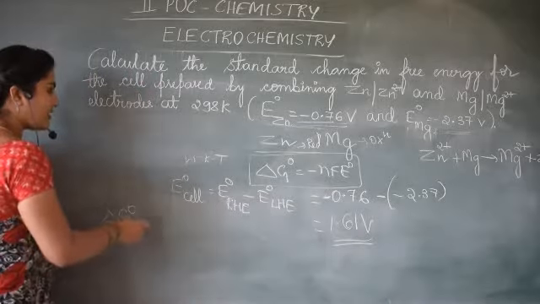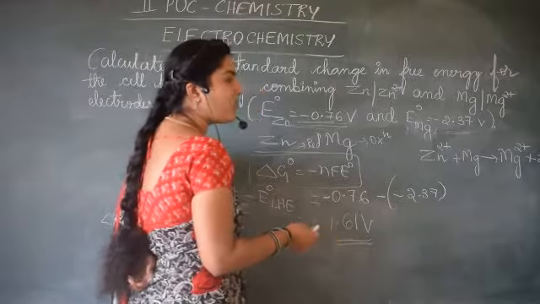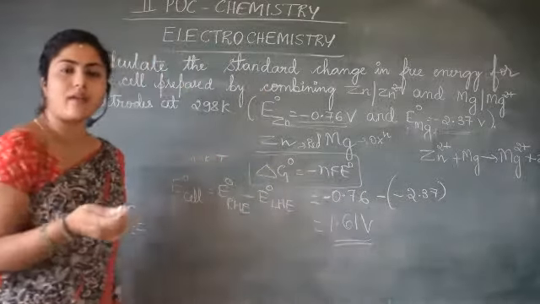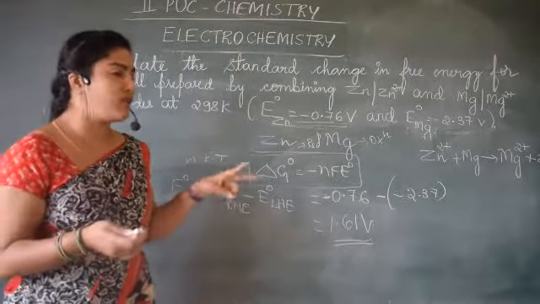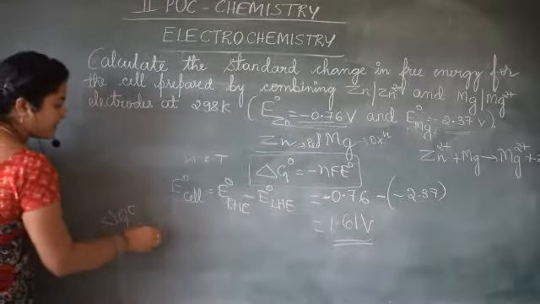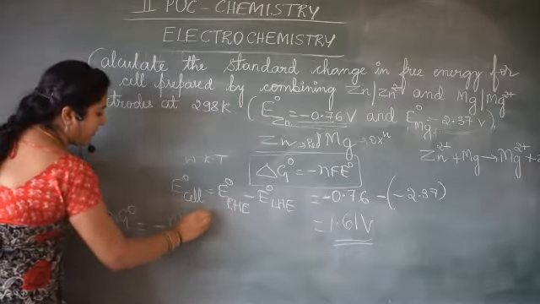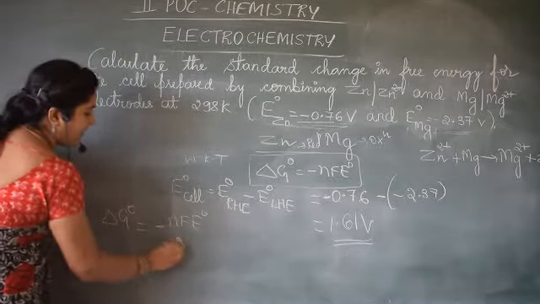Now delta G naught is equal to, in this, how many electrons are involved? Zn2+ getting converted into Zn, so 2 electrons. Mg into Mg2+, again 2 electrons. Therefore 2 electrons. So in place of n, I have to write minus 2.